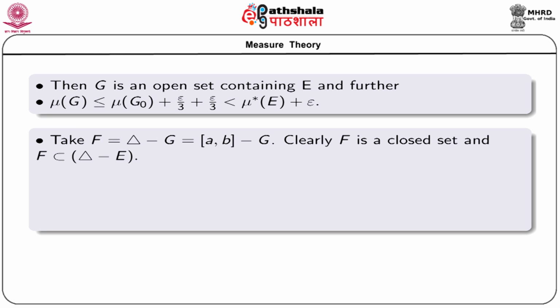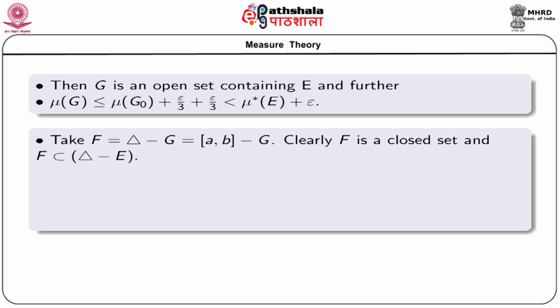Now, take capital F equal to delta minus G, which actually comes out as the closed interval small a small b minus G. See that G is an open set, and the closed interval a b is a closed set. So, the difference is again a closed set.